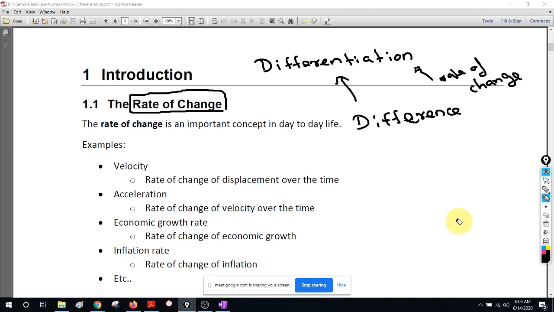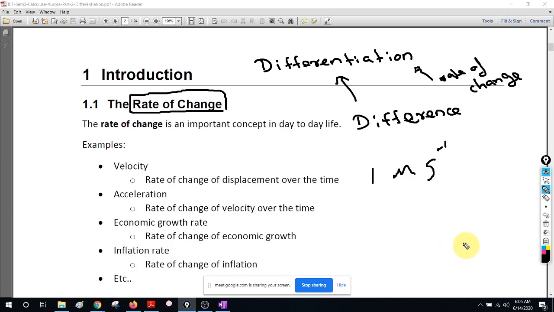Let's try to understand what this concept is all about first, before we dig into how to do differentiation. Velocity means rate of change of displacement. For example, if I am moving at 1 meter per second, at constant velocity, that means every second I move 1 meter.